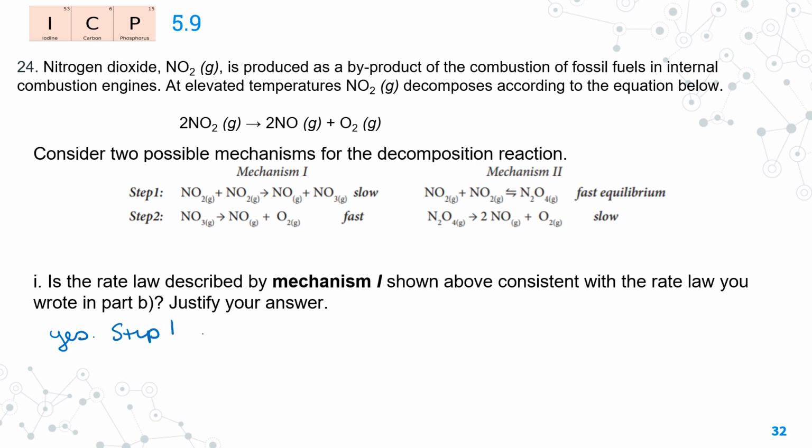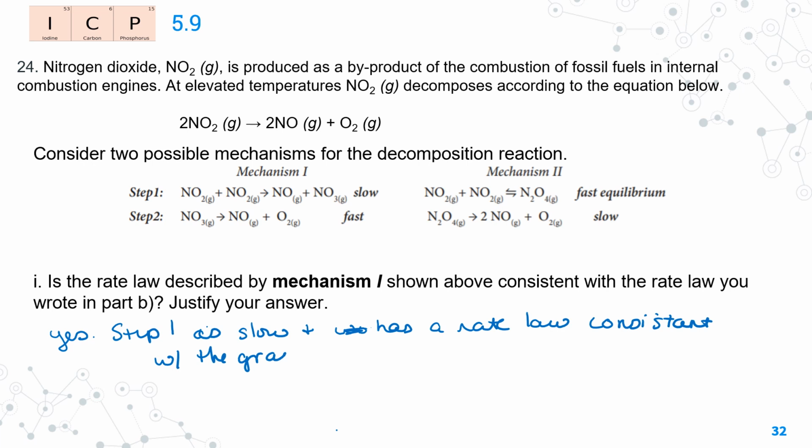Step 1 is slow and has a rate law consistent with the graph. In step 2, no nitrogen dioxide molecules are involved. So that can't be the correct mechanism.